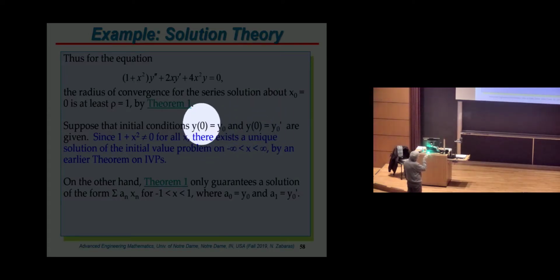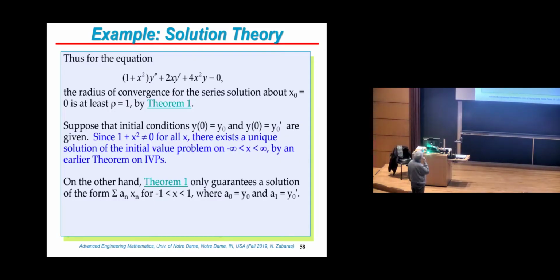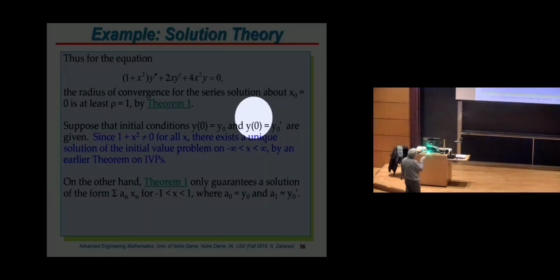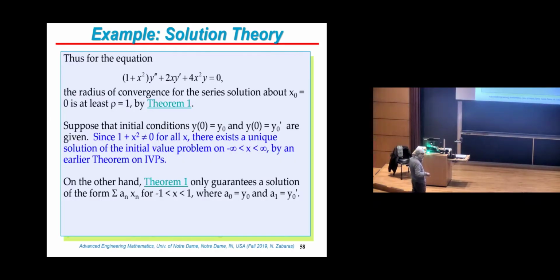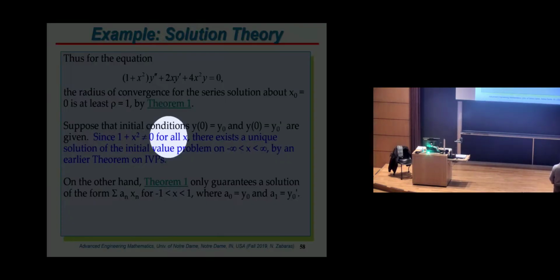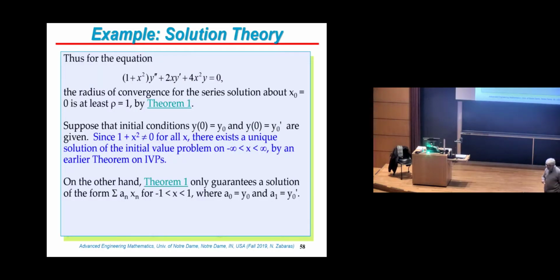So let's say y at 0 is given, and y prime at 0 is given as well. Since 1 plus x squared is not 0 for any x, and I'm looking again for solutions for real x's, then from the theorem on initial value problems that we talked about a few weeks ago, there is a unique solution for all x's.